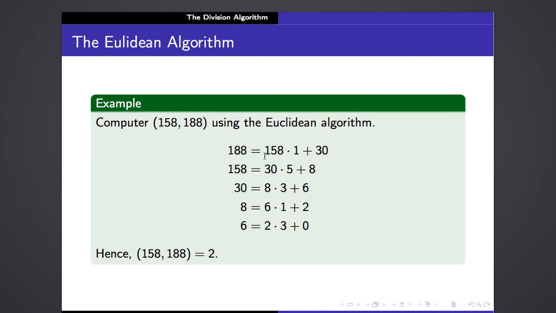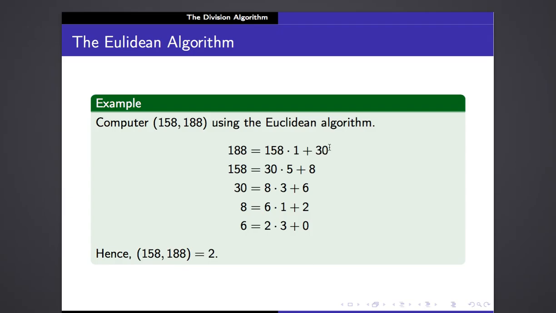We first divide 188 by 158. Then 188 can be written as 158 times 1 plus 30, remainder being 30. Then we know that the greatest common divisor of 188 and 158 is the same as the greatest common divisor of 158 and 30.